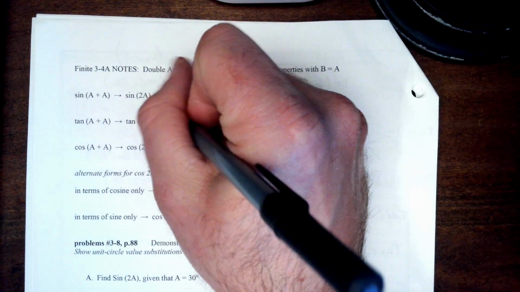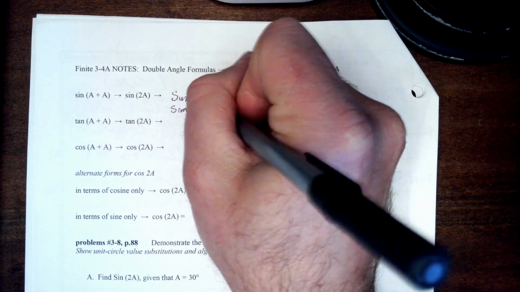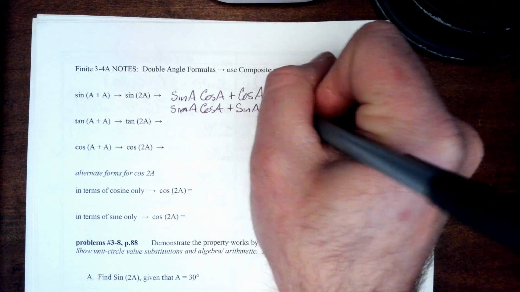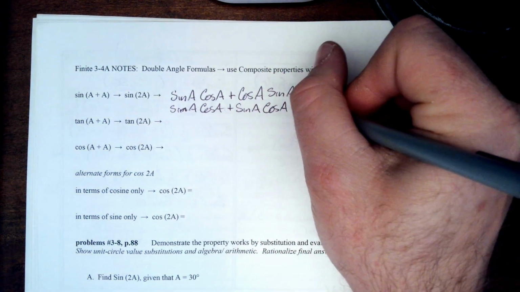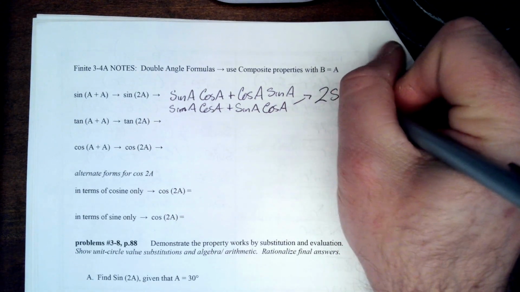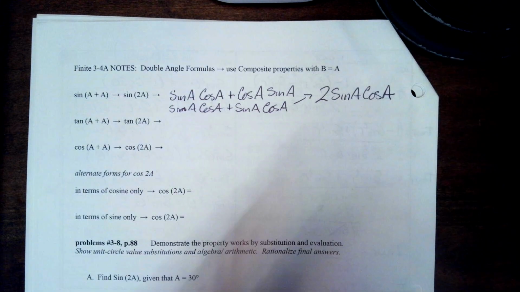We could write that as the sine of A times the cosine of A plus another sine of A times the cosine of A. And altogether, we would get 2 times the sine of the angle times the cosine of the angle.